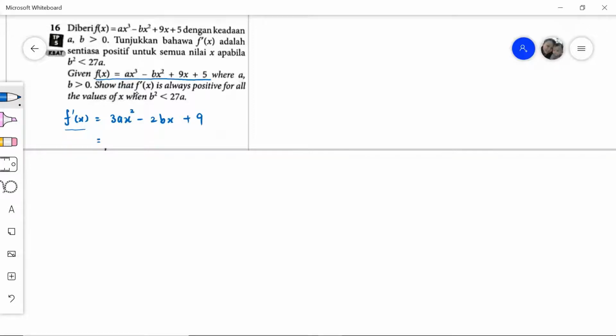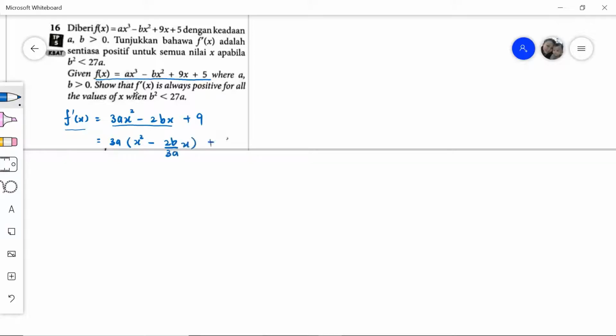To complete the square, look at the terms that contain x and make sure the x squared has 1 as its coefficient. So let's factorize the 3a, leaving x squared minus 2b over 3a x.